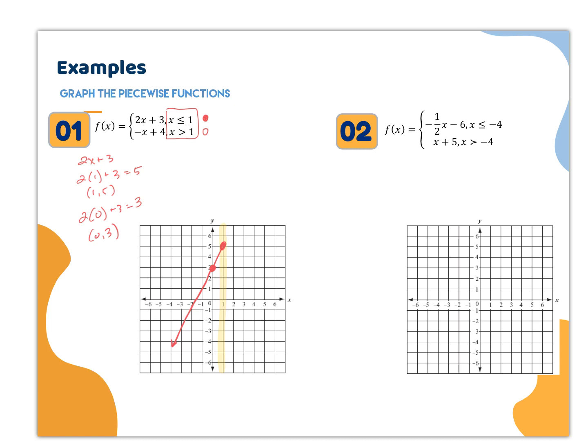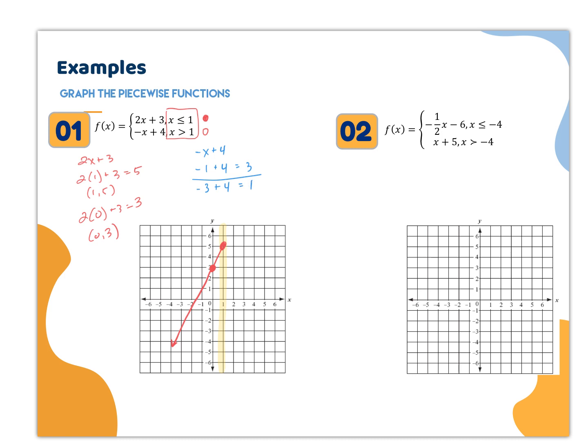Now I'm going to draw the other side. The equation is negative x plus 4, and it says x is greater than 1. So I'm going to make x 1, and that's going to equal 3. And I'm going to make x 3, so negative 3 plus 4 is going to equal 1.